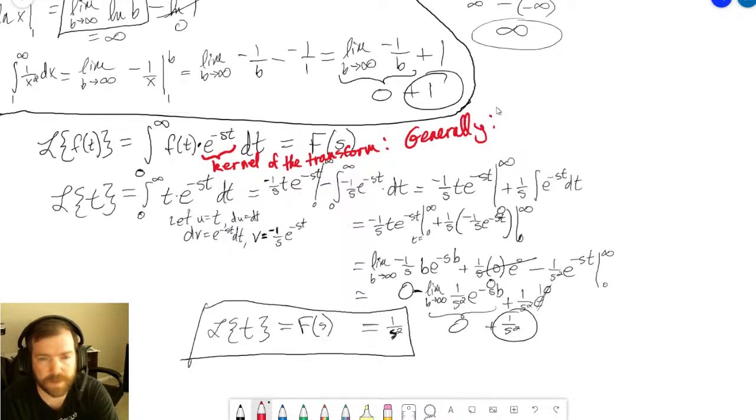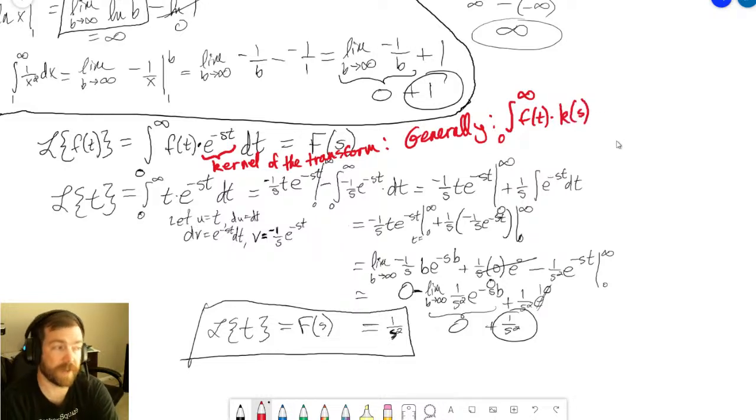So generally speaking, this is an integral from 0 to infinity of f of t times some kernel, which is a function of s, dt.